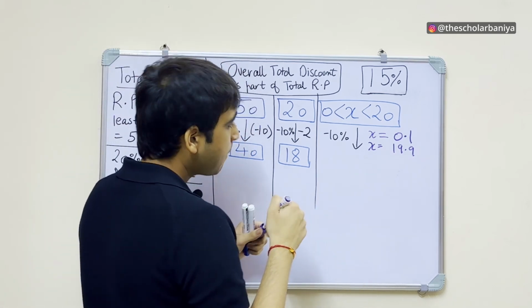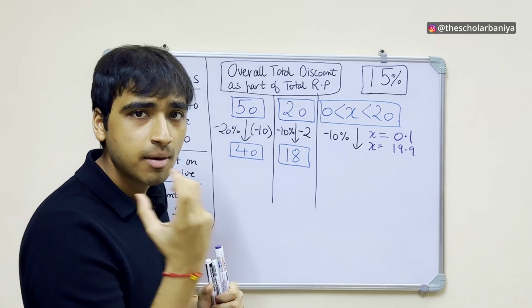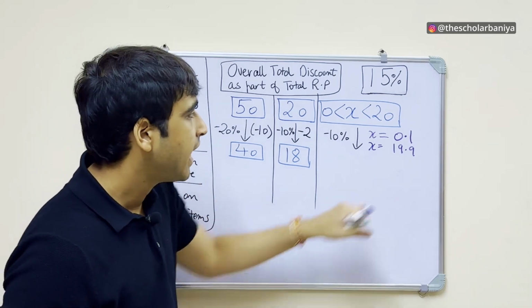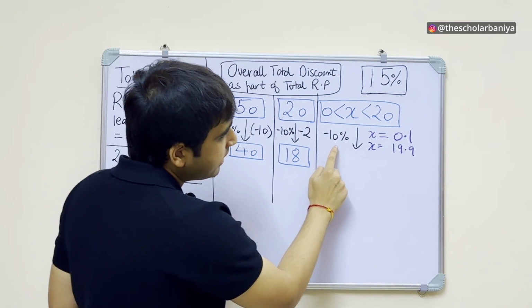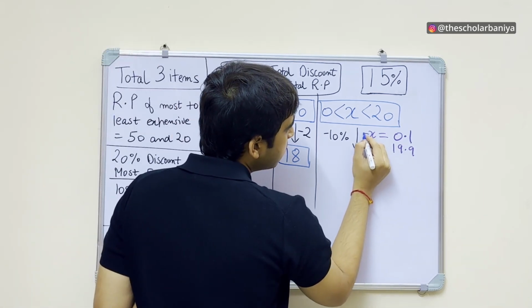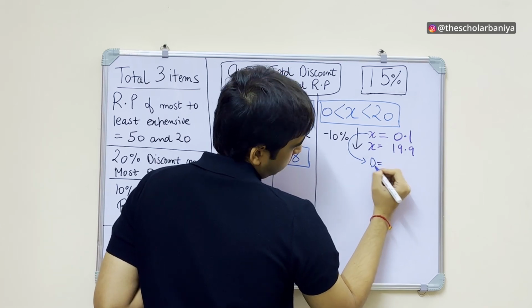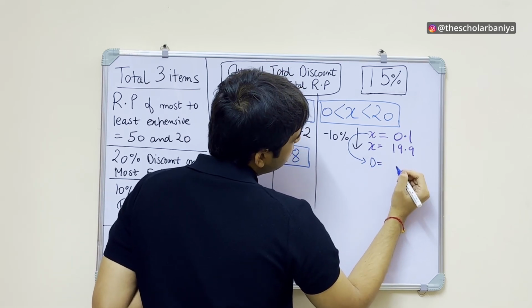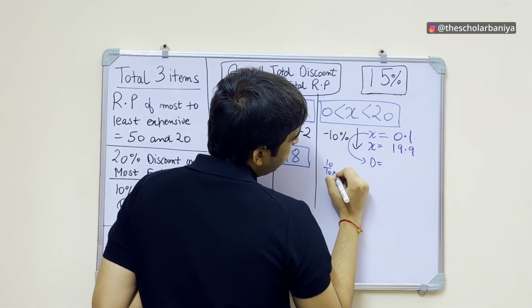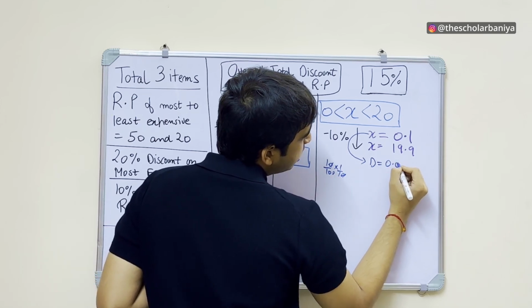Now tell me one thing, if X is 0.1, that means the regular price of the item is 0.1. So 10% discount. So how much will the discount be? The discount will come out to be how much? 10 upon 100 into 1 by 10 means 0.01.